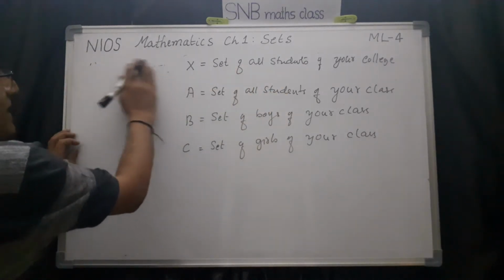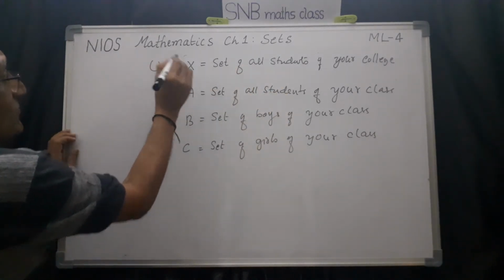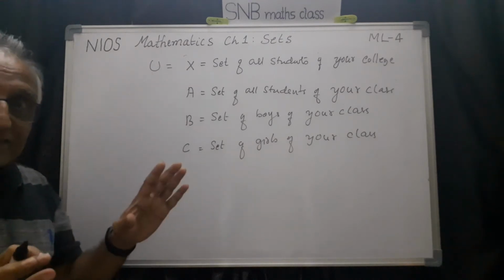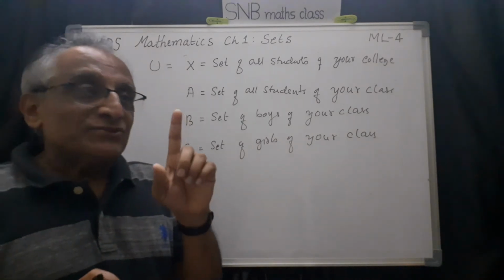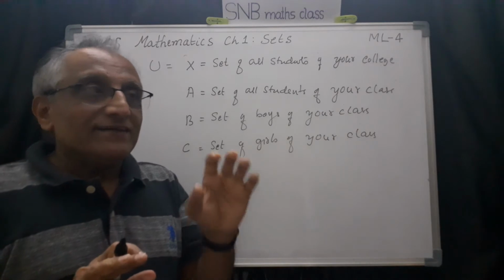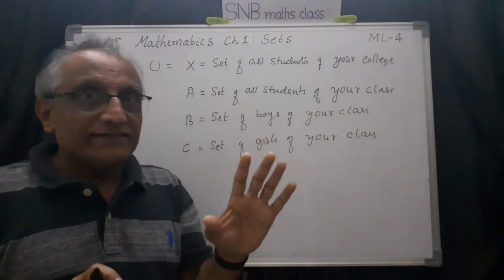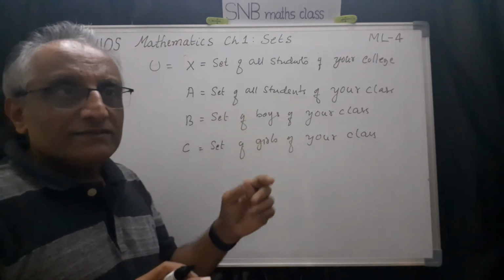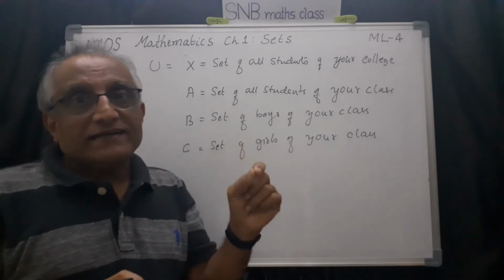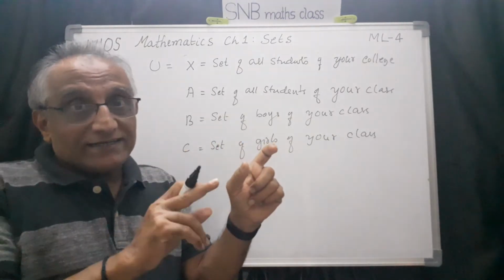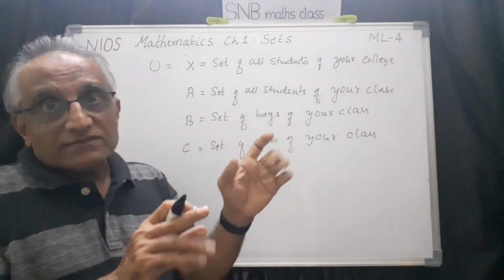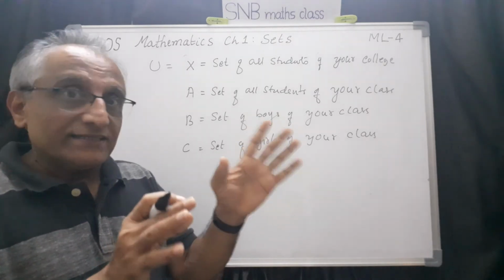In that case I can take this as the universal set. That means the universal set is not unique. It depends on how you select it. For a particular purpose, any set can be taken as universal set provided you can form some subsets out of it. So that is the idea.